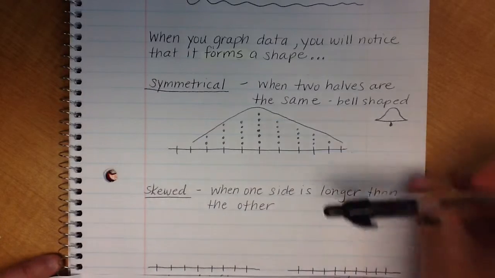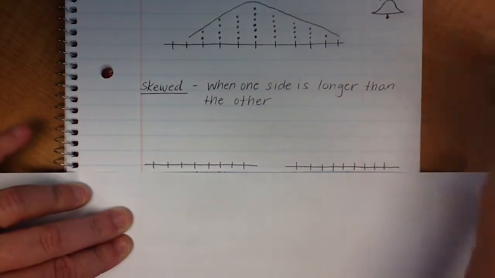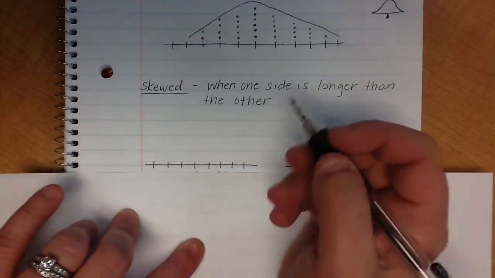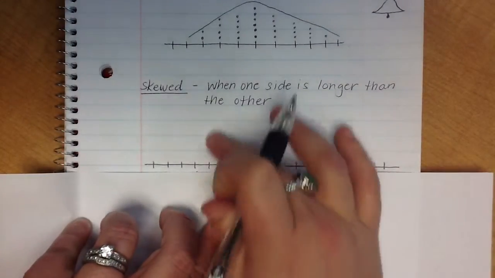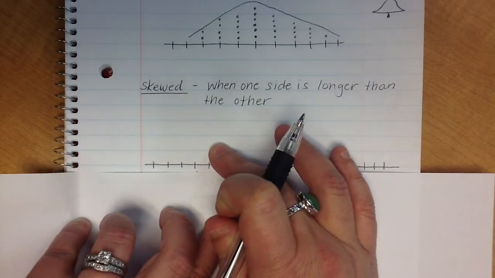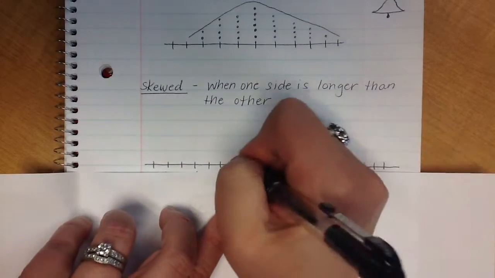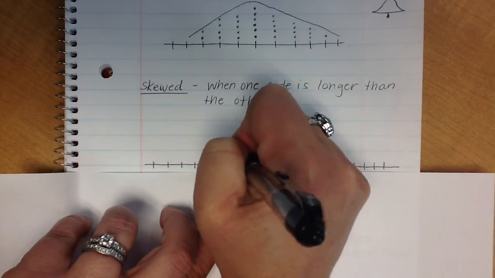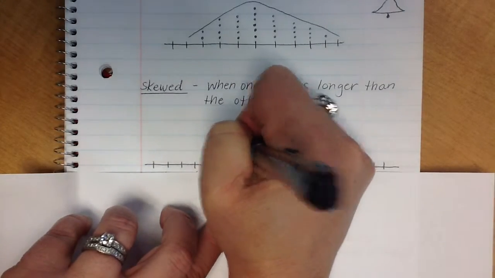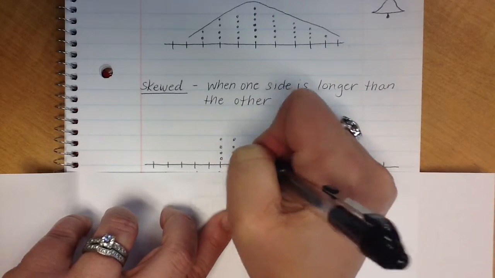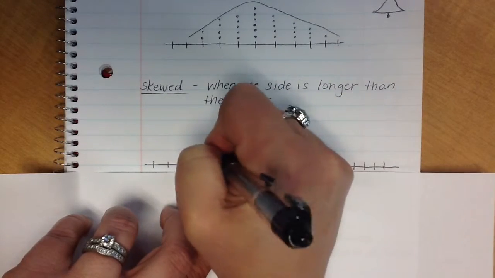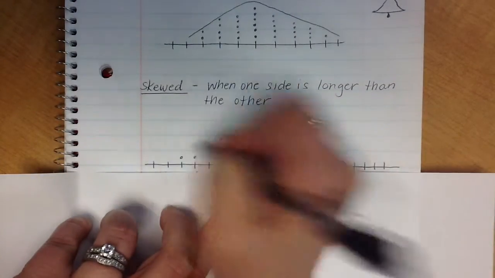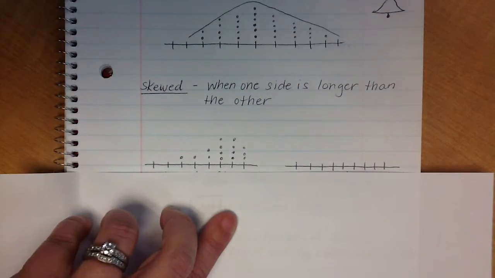Let's say in this data, we have primarily a big group of data over here on the right-hand side with a few pieces over to the left. So it might look something like this, where we've got a lot of data over here, and then maybe only one over here. Maybe there's an outlier heading out this way.